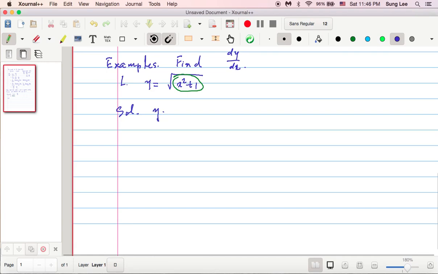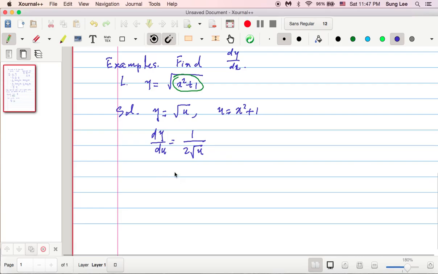So we can write this as y equals square root of u and u equals x squared plus 1. Once you identify u, all you have to do is calculate dy by du. The derivative of square root of u is 1 over 2 times square root of u.